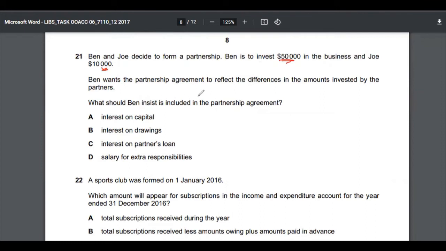What should Ben insist is included in the partnership agreement? It would be interest on capital, because Ben is expecting to receive more money than Joe because Ben has simply invested more money. All right, so the answer to multiple choice 21 is going to be option A.